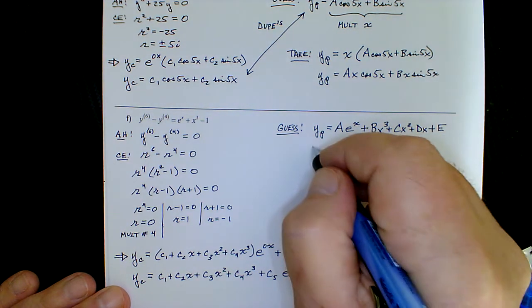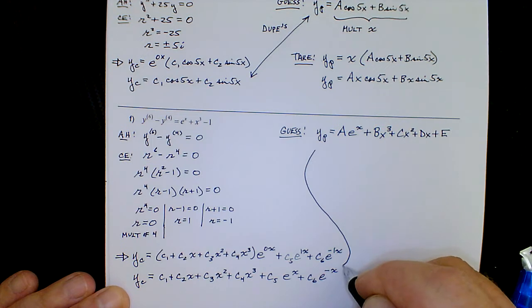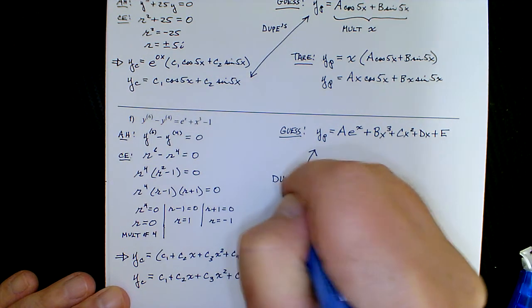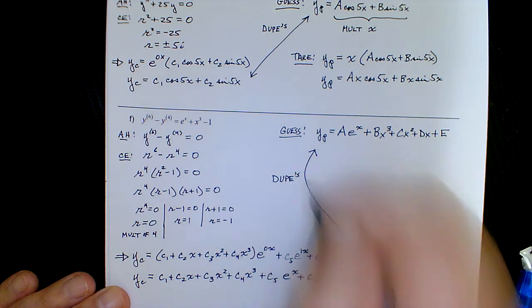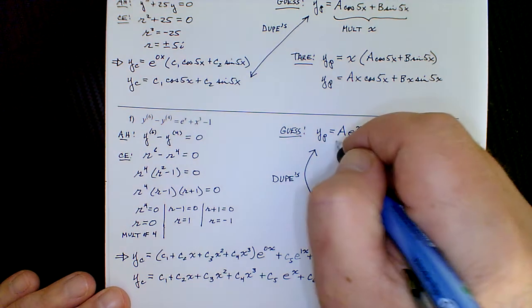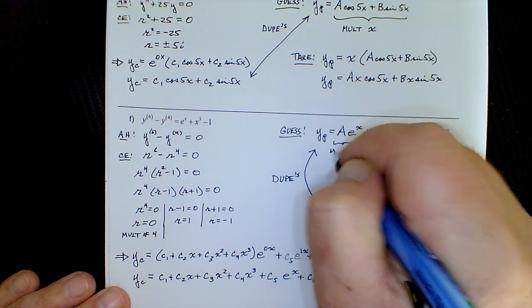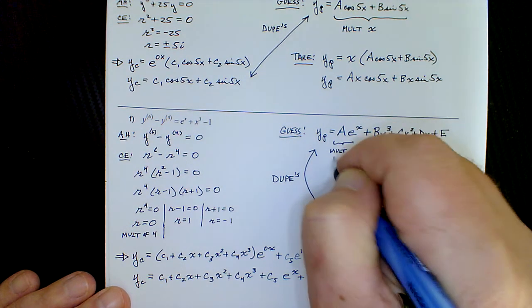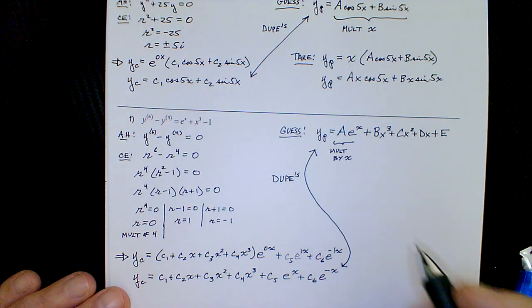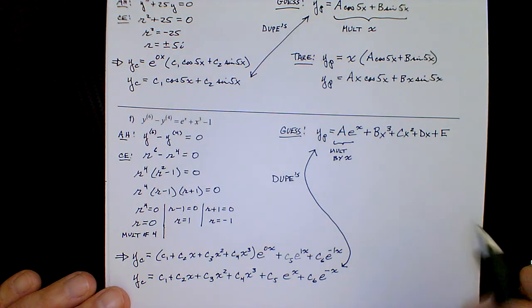And then we make our comparison. So we compare, and we see that there's some duplications. And the a e to the x term matches the c5 e to the x, and we can get away with multiplying that just simply by x to the first.